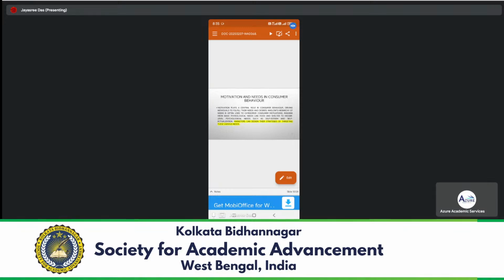IKEA. Okay, it's a company, IKEA. It taps into Maslow's hierarchy by addressing the basic needs for affordable furniture. So they play into our psychology and then focus on aesthetics, self expression, and identity through customizable home designs, where it fulfills our self actualization.